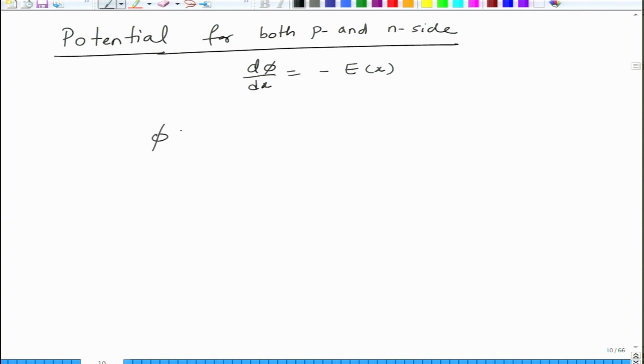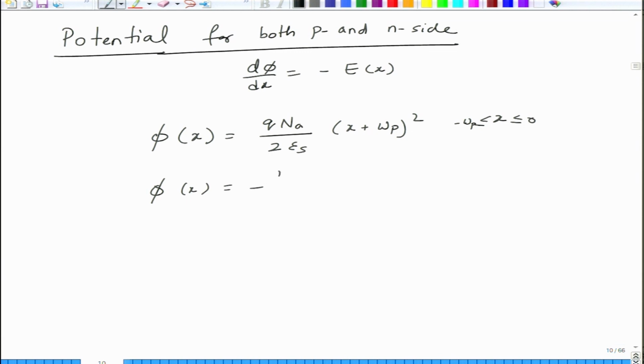I will not do that, but you will obtain for the p side phi(x) as q N_A divided by 2 epsilon S into x plus Wp squared, for x between minus Wp and 0, and for the n side you will obtain phi(x) as minus q N_D divided by 2 epsilon S into Wn minus x squared, plus Vbi.